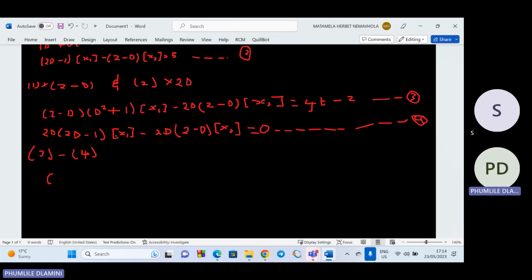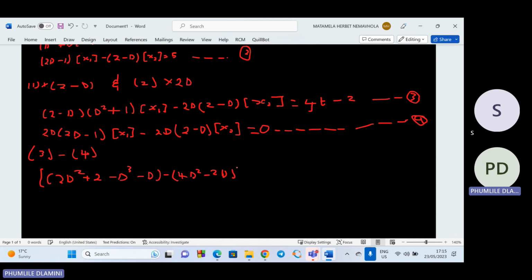We can just multiply it back. It gives us 2, 2d squared plus 2. This is 2 times 2d and 2 times 1, and d minus this one is going to be minus d cubic minus d. Then minus this one times this one is going to be 4d squared minus 2d.